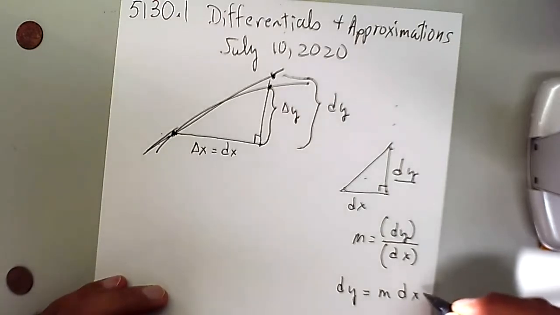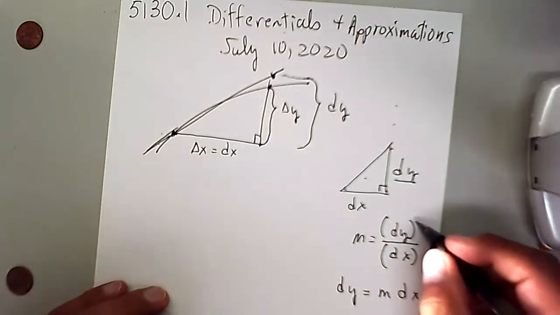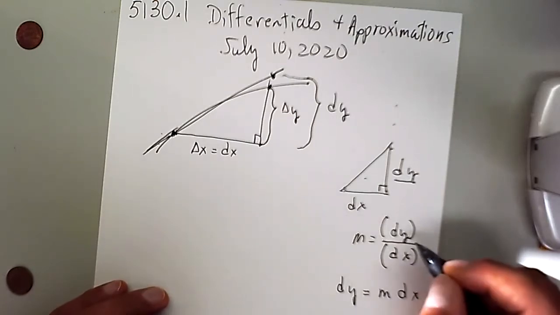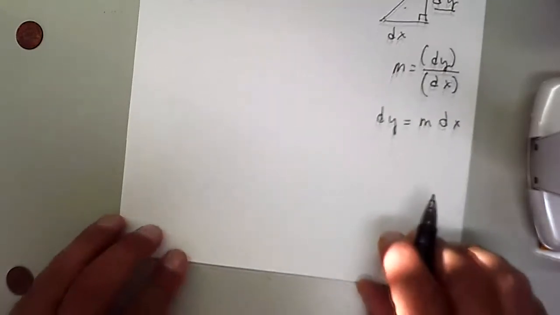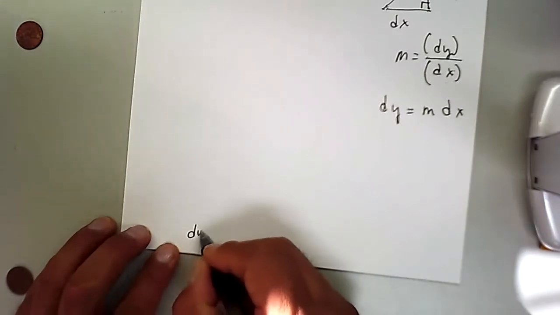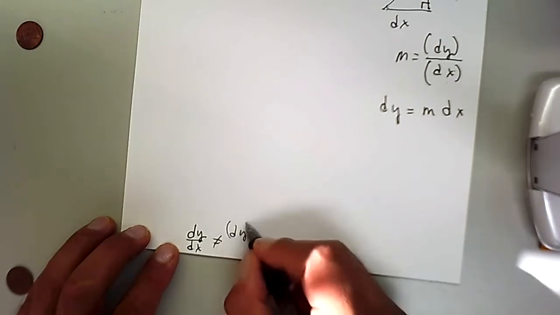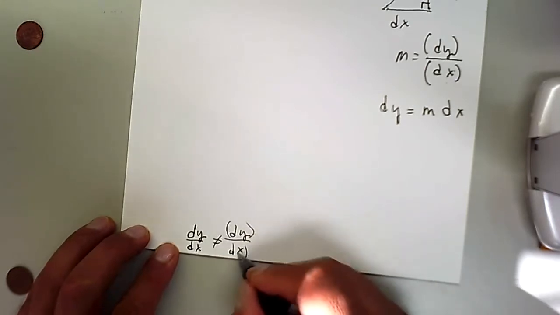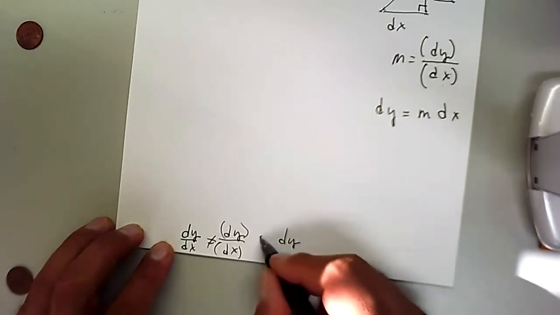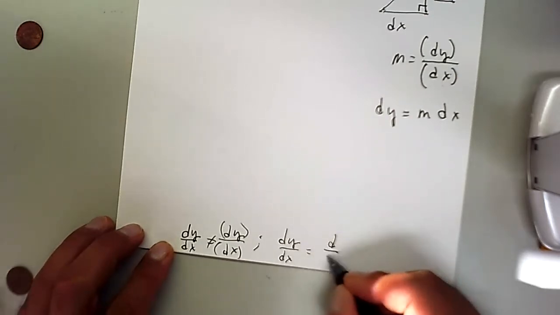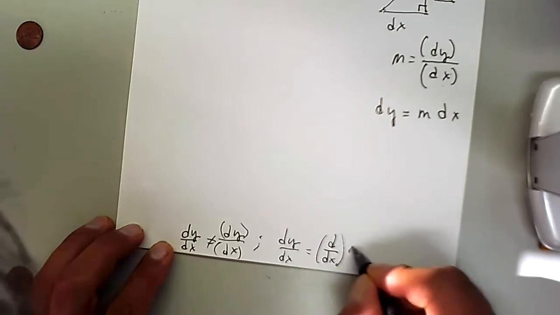But these are quantities. We're not thinking of dy/dx. Let me just make a quick note about this. dy/dx is not really dy divided by dx. dy/dx is really an operator applied to y.